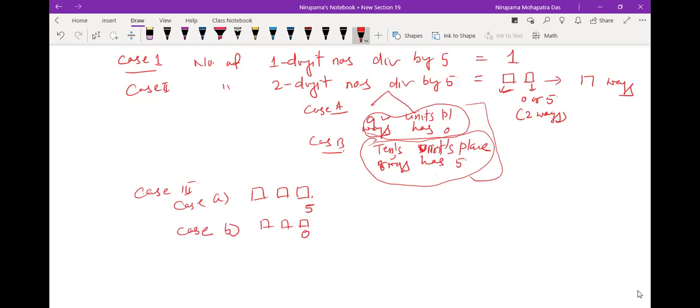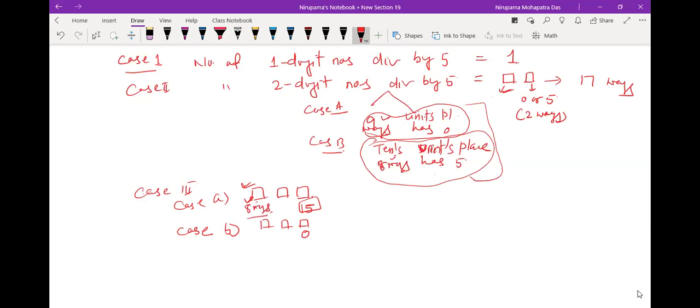So when you have 5 here, of course you cannot have 0 in the 10th place. Restriction is here, so you are keeping 5 here. Now for this place, you cannot have 0 here, so out of 9, you can have 8 ways here.